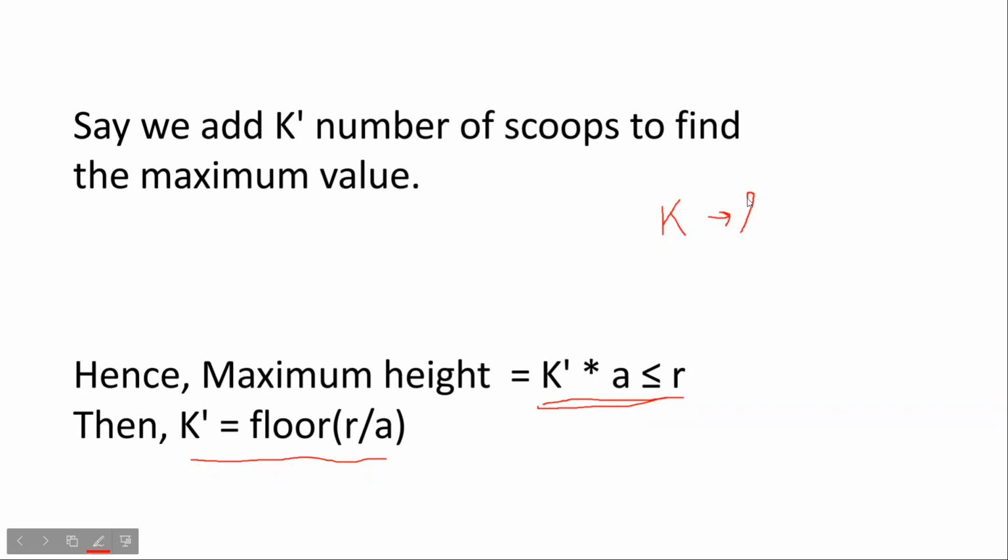Say when we are calculating the value of k, we are only considering the value of L. We must also remember that the minimum height, k times A, must be less than or equal to R. Right, since it has to be in the range. Similarly, k prime times A must also be greater than or equal to L.